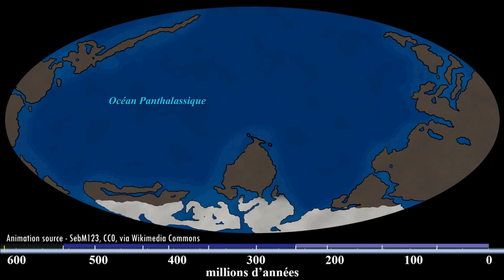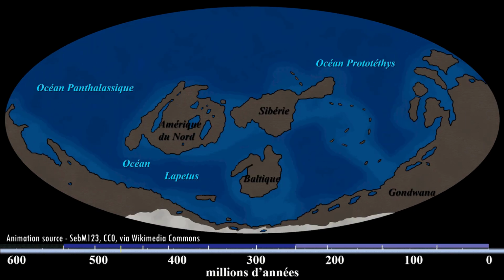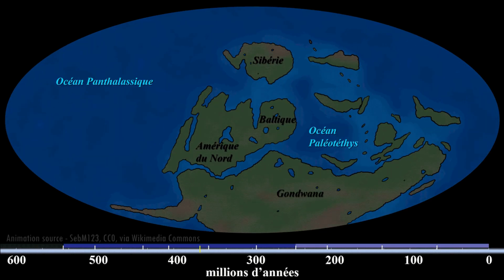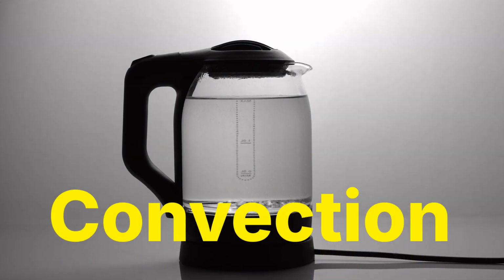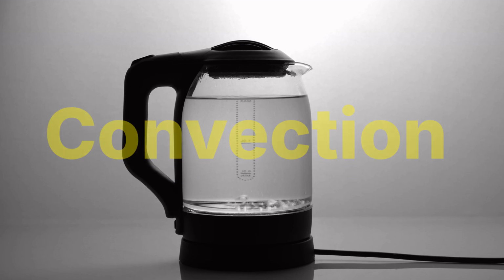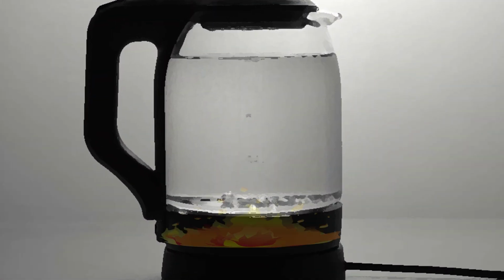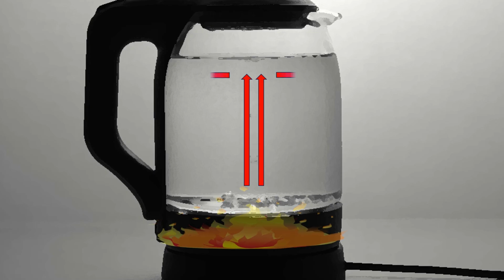To really understand the mechanism of tectonic plate motion, let us picture something simple. How water heats in a pot over a stove. You must have heard about convection. The bottom warms up, hot water rises, spreads out at the top, cools, and sinks again.